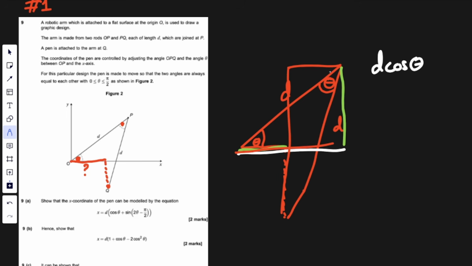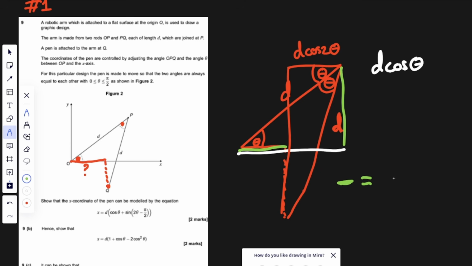Now by a Z angle, this angle here must be theta. And because we know this length and we know an angle, this length must be 2 cos 2 theta. So we get that our green length is equal to d cos theta minus d cos 2 theta.